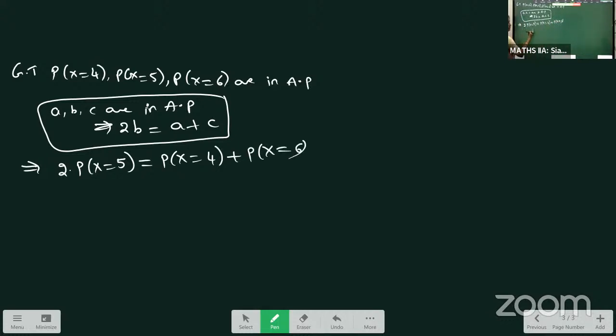Apply the distribution formula. It is in the form of P of X equals r. What is the formula? nCr q power n minus r, p to the power r. Expand this.